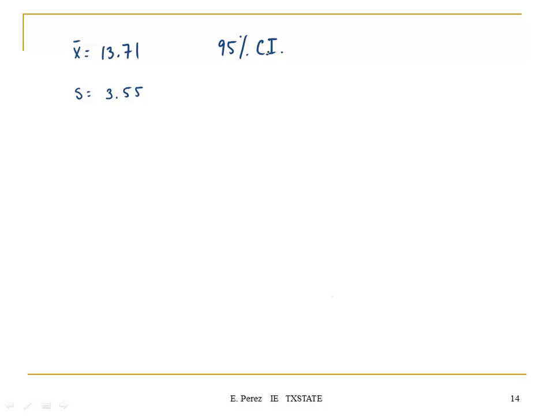So the value of alpha is 0.05 and alpha over 2 is 0.025. So the t value for this problem is t of 0.025 with how many degrees of freedom? 21. So that value is 2.08. So to find the confidence interval, then you just plug in those numbers here.